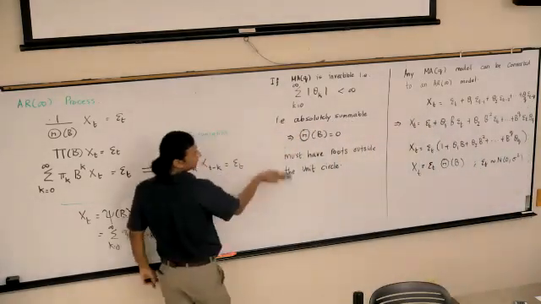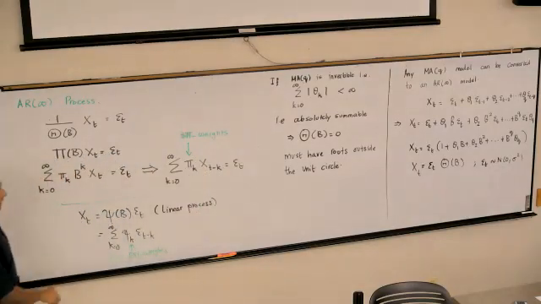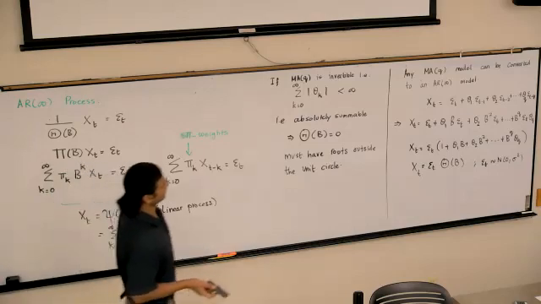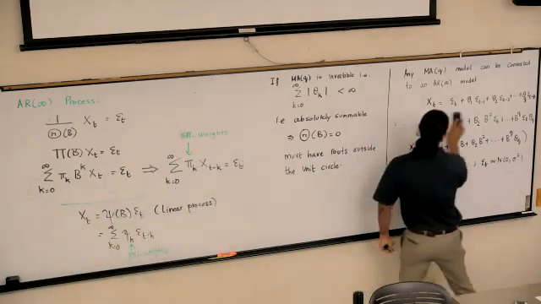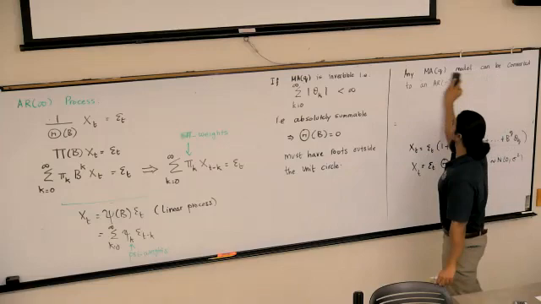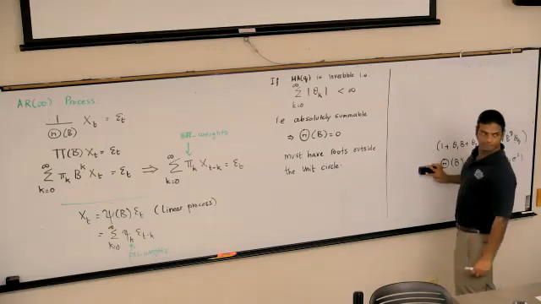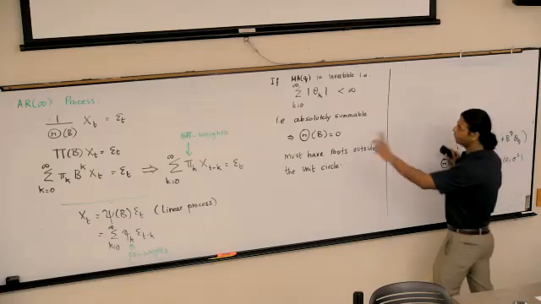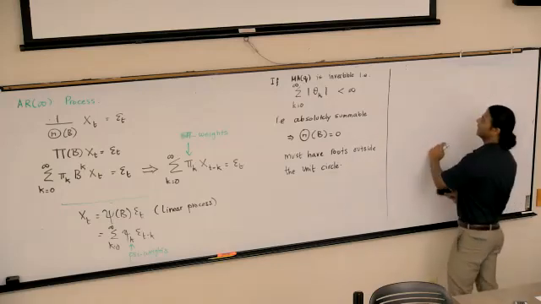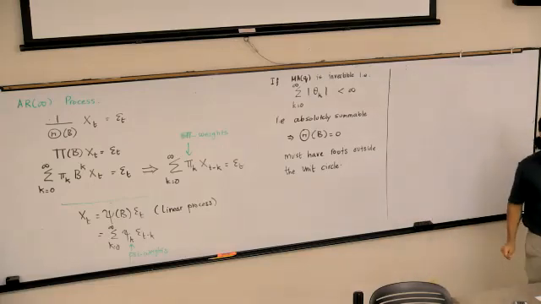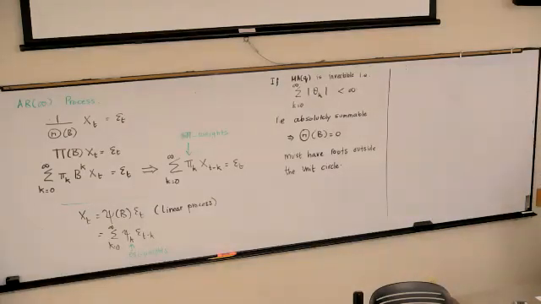There's equivalence. So if we have causality and invertibility, then the time series is stationary. Can you repeat that? If we have causality and invertibility, then we have a stationary series, guaranteed to be stationary.